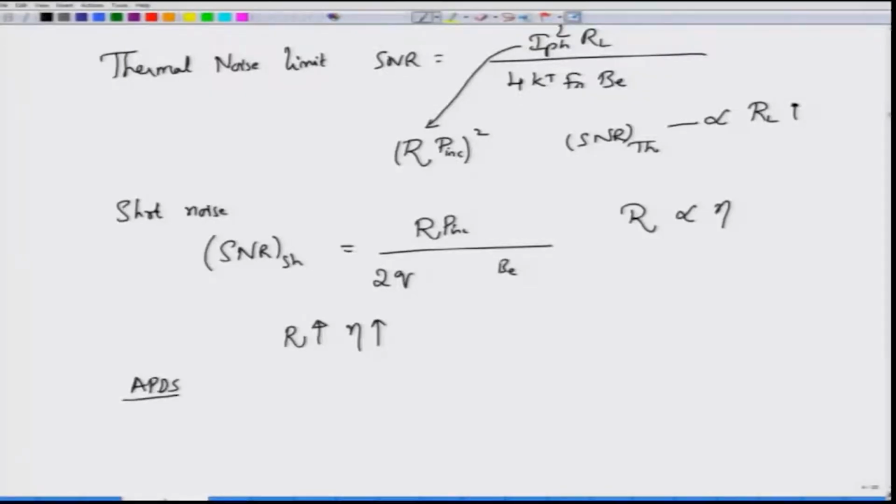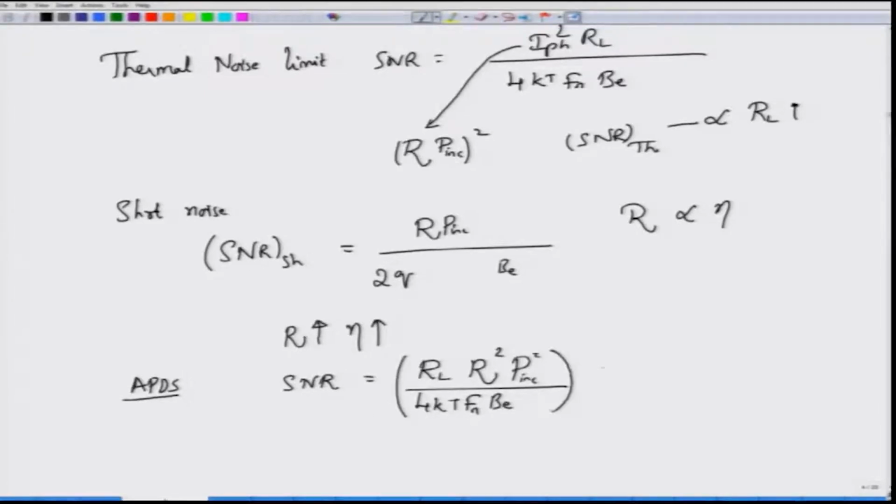However, for APDs the situation is slightly more complicated, because for APDs the signal to noise ratio is actually dependent on RL. It is given by RL. As I said, APDs actually operate in the thermal noise limit. So, it is proportional to RL, but if you put in the multiplicative terms and write down the noise variance terms there, you will see that this is given by RL R square 4kT, the excess noise factor F_n times B_E.